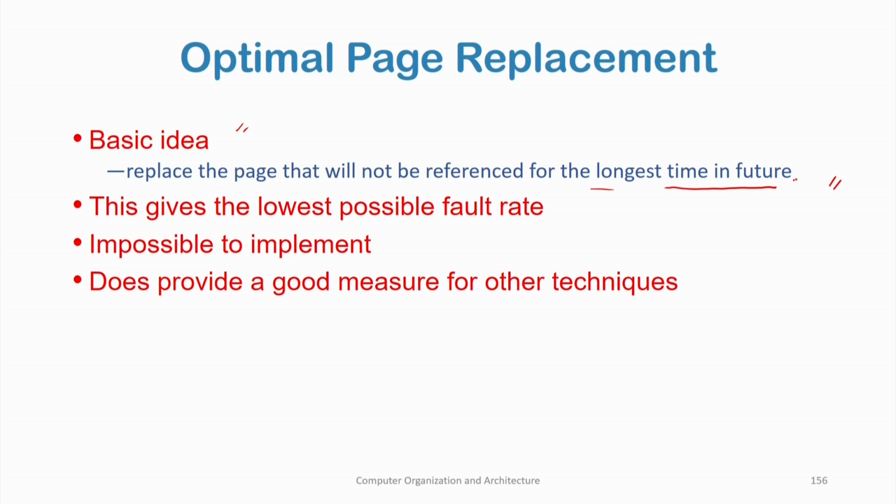This is why it is impractical. I cannot see the future, and therefore this algorithm cannot be implemented in practice. Because it sees the future, it will give the lowest possible page fault rate. However, it is impossible to implement. It does provide a good measure for other techniques.